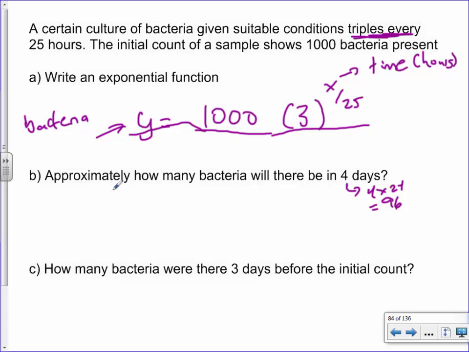Does that make sense? So to answer this, y equals 1,000 times 3 to the power of, I'm going to put it in brackets here, 96 over 25. You can just type that in your calculator if you want. I would not expect to be able to do that in your head. I can't do that in my head, that's for sure. So just make sure you don't screw up all the brackets.